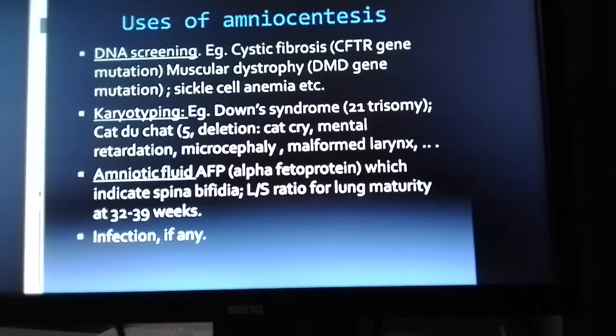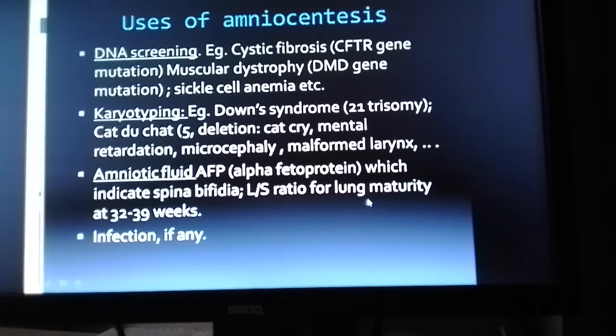So these can be easily observed by karyotyping, and even by subjecting the amniotic fluid to biochemical analysis, like the content of AFP, which may be an indicator of the disease called spina bifida, nothing but the exposure of the spinal cord from the neural tube of the developing fetus.